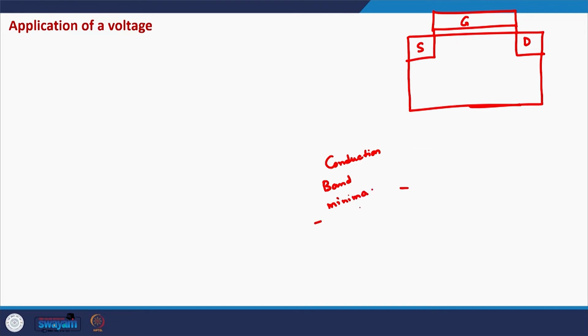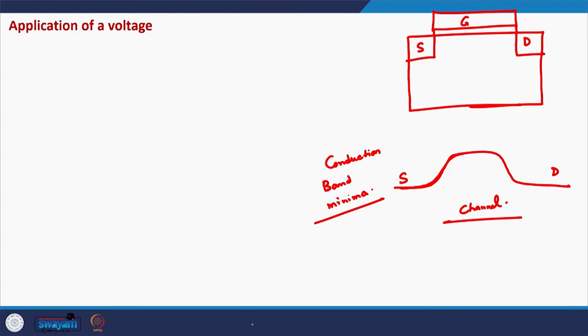The valence band maxima will follow the conduction band minima in exactly the same way. So typically this is how the conduction band minima looks like. This is the source side, this is the drain side, and this is the channel region.